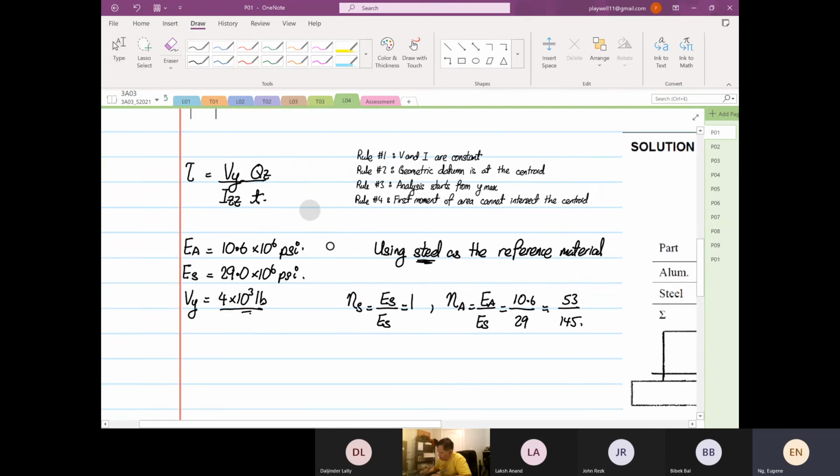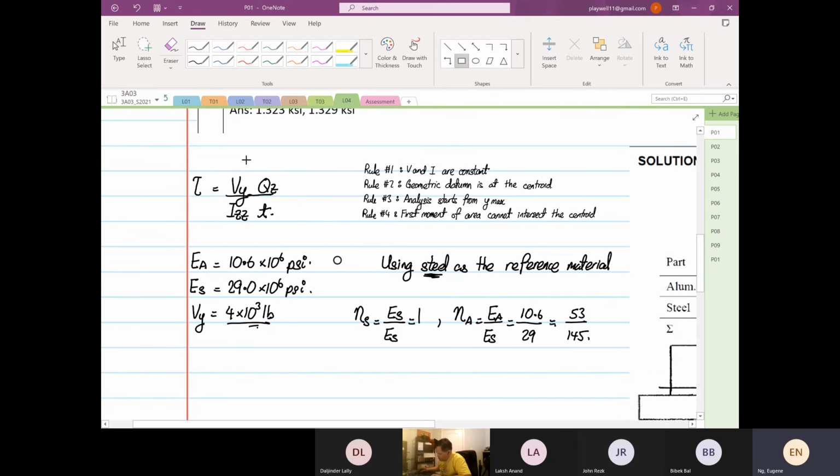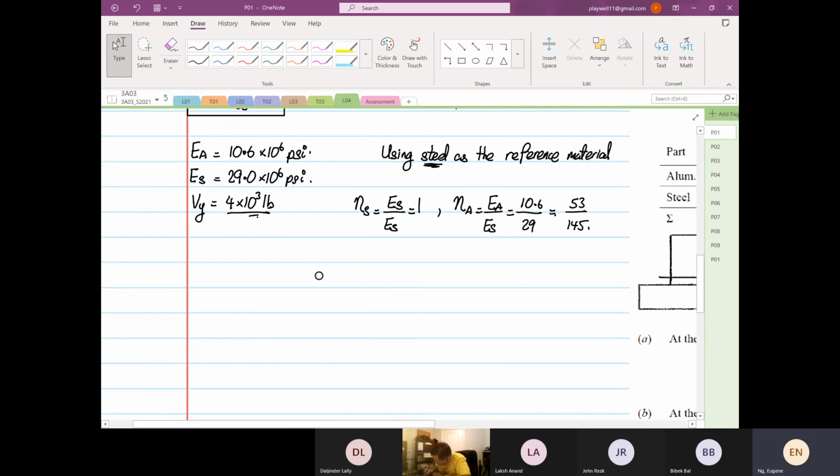By looking at the shearing stress equation, we have to find IZZ, and we have to find the centroid. So the next thing we have to do is find the centroid and IZZ for the sandwich material.